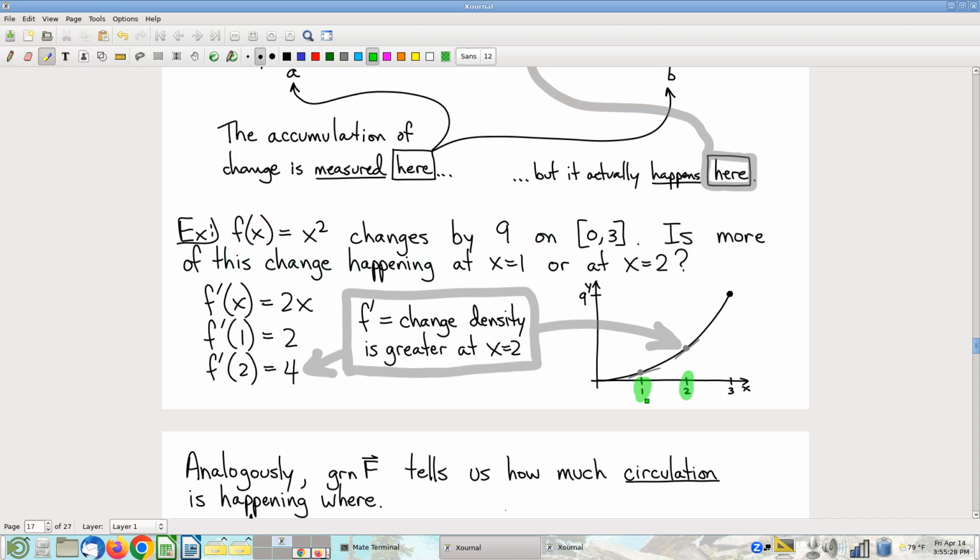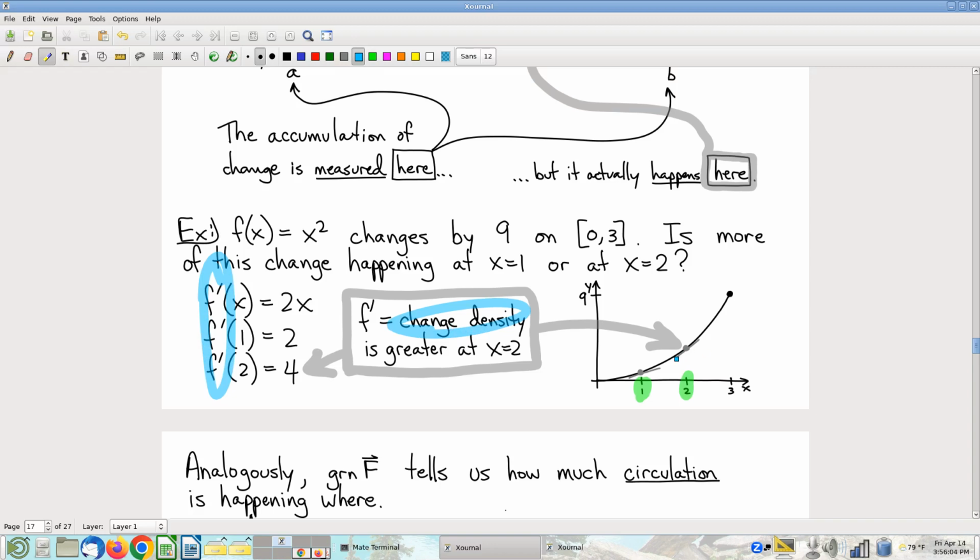Okay, well, let's put aside the obvious quibble that 0 change happens at a point. Fine, but you know what I mean when I say how much change is happening at a given point. I mean per unit size of the domain, how much is the function changing? Obviously, we mean per dx. And the derivative not only tells us the answer to that question, but it intuitively tells us where.